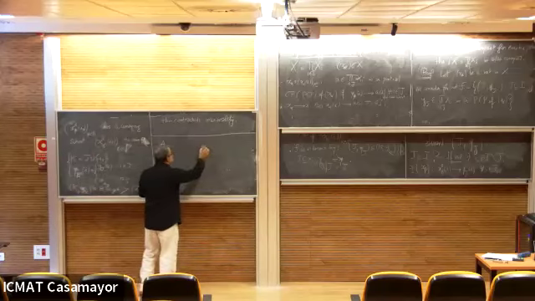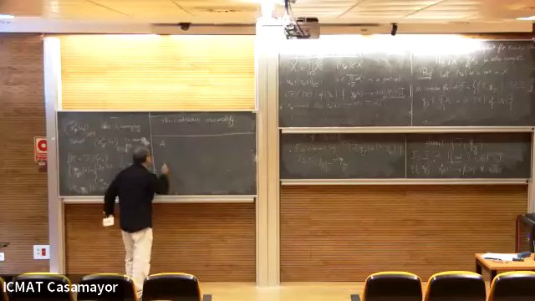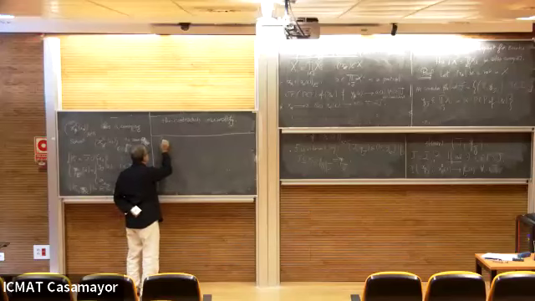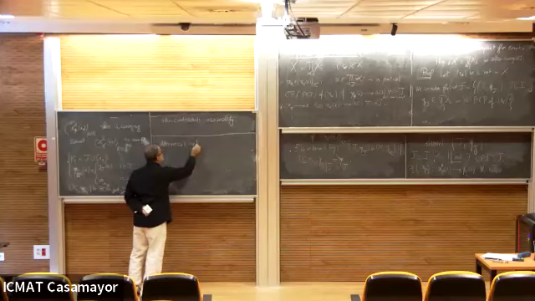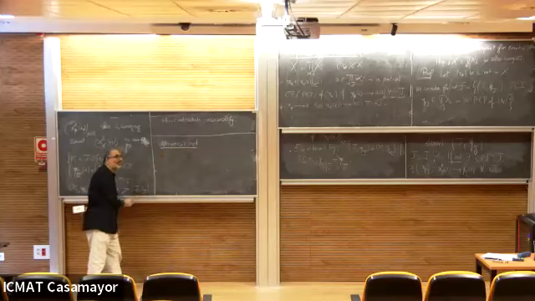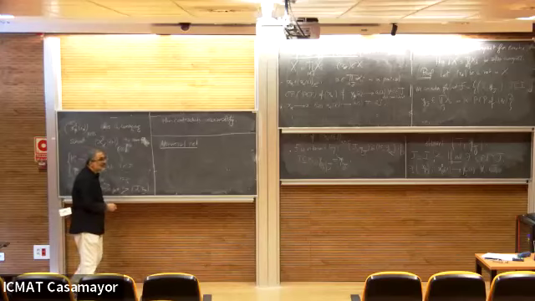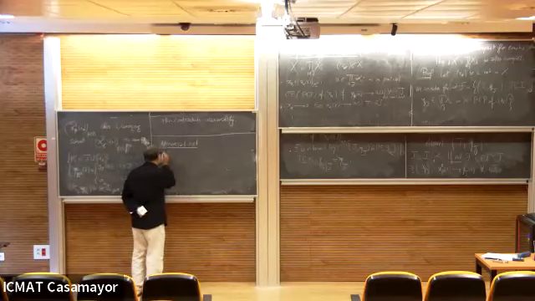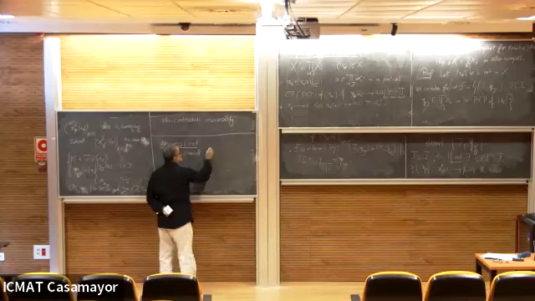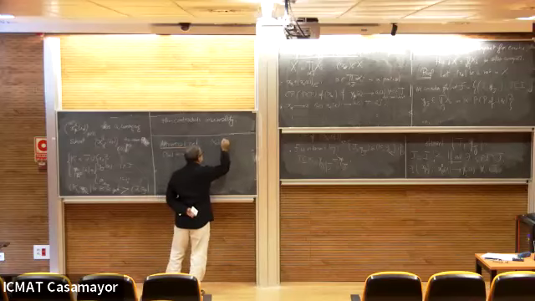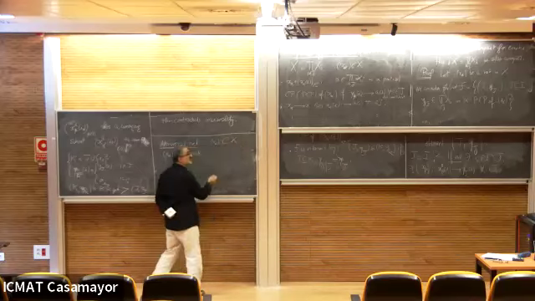At first, I want to mention something called a universal net. What's a universal net? We take X alpha, a net in X, where X is a set.